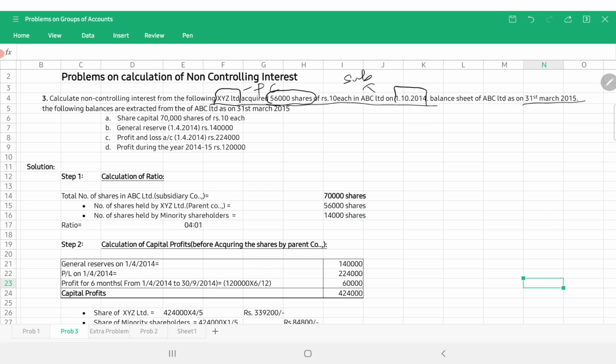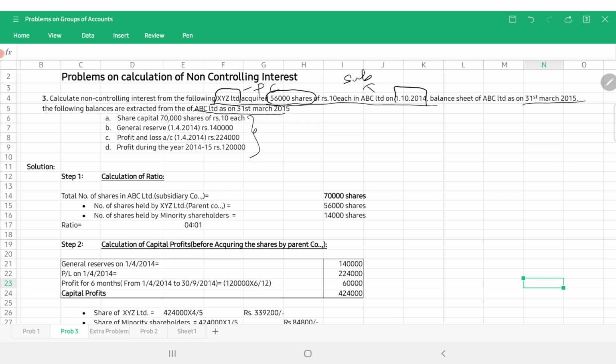All the information of the balance sheet is taken from the balance sheet of ABC Limited as on 31st March 2015. Please do not get confused. This balance sheet information is not taken from the parent company.